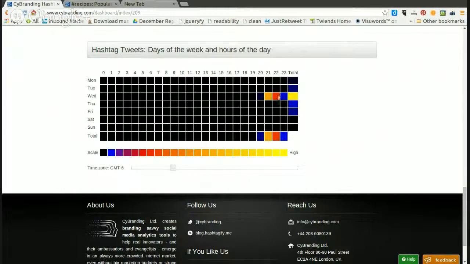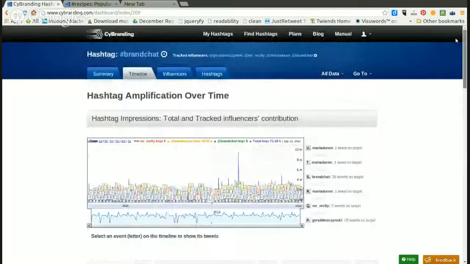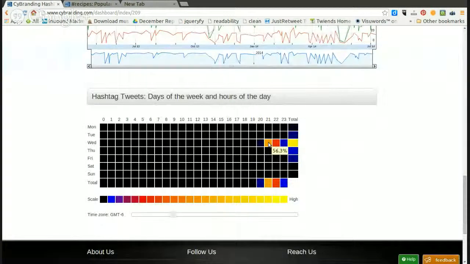So almost everybody uses it at that time. There will also be other people using it at other times, for example to make announcements. But you can understand that this is a Twitter chat, if you didn't notice from the name, brand chat, just by seeing these days and times of usage.